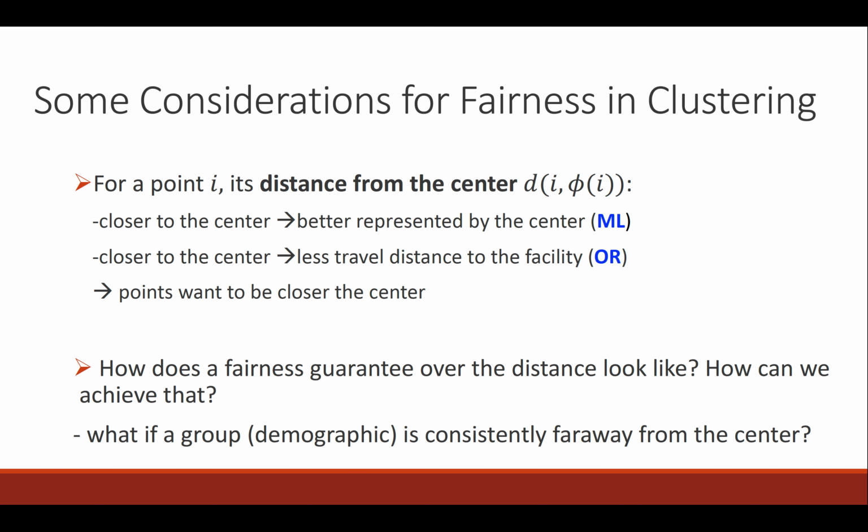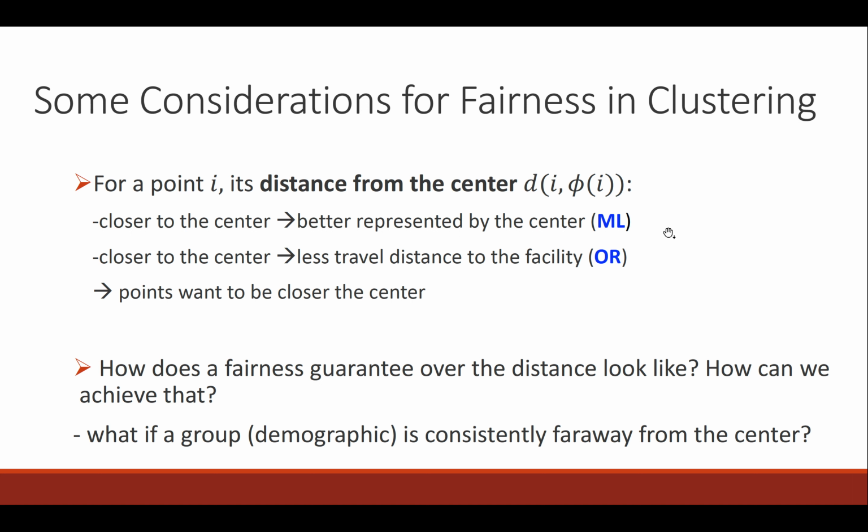So now let's think of some considerations for fairness when doing clustering. For a point i, its distance from the center is d of i and phi of i. Generally, every point wants to be close to the center, and this is motivated from both perspectives, machine learning and operations research. So if the point is closer to its center from a machine learning perspective, then it's better represented by the center.